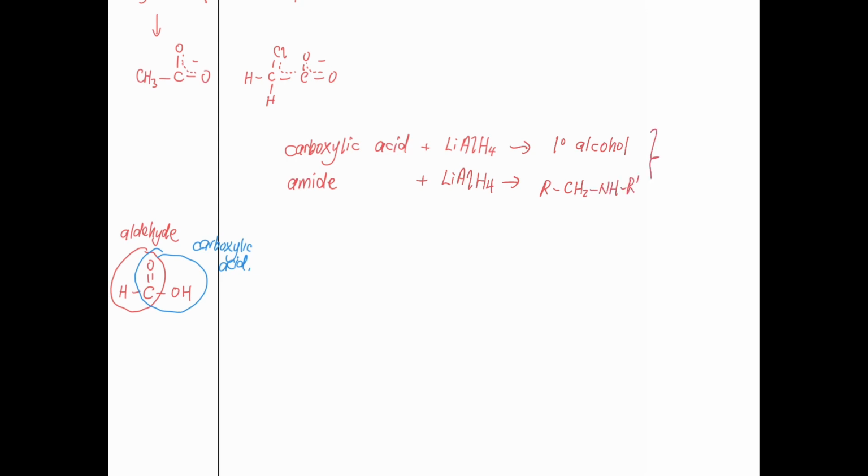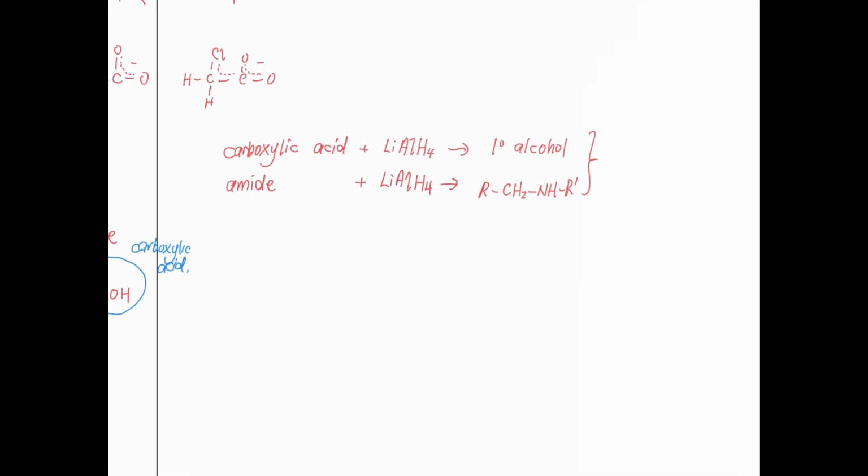Okay, so I give explanation first. The idea of reduction is the C double bond O will receive hydrogens in this way, and because of that, they will either form primary alcohol or this structure.